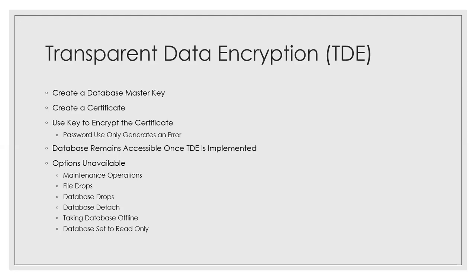But the things that are not available are anything where you're trying to do maintenance on the database, anything where you're trying to drop a file, drop a database, detach a database, take a database offline, or setting the database to read only. Okay, so those are the options that are not available when this encryption is taking place.